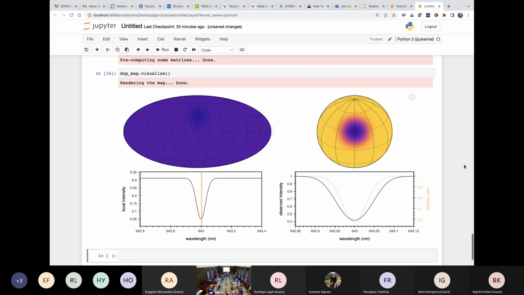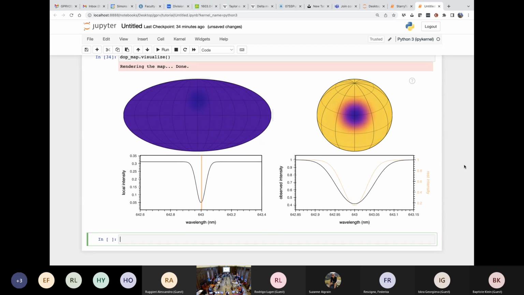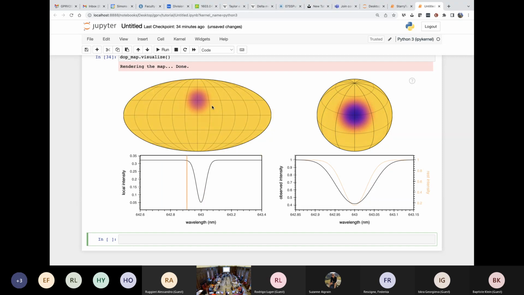Okay. So if you're one of the lucky people for whom this works, what you now see is a couple of things. Over here, you see the full-sphere projection of the star. If you have a trackpad and you scroll up and down on the trackpad, you are seeing what the surface map looks like at each wavelength.